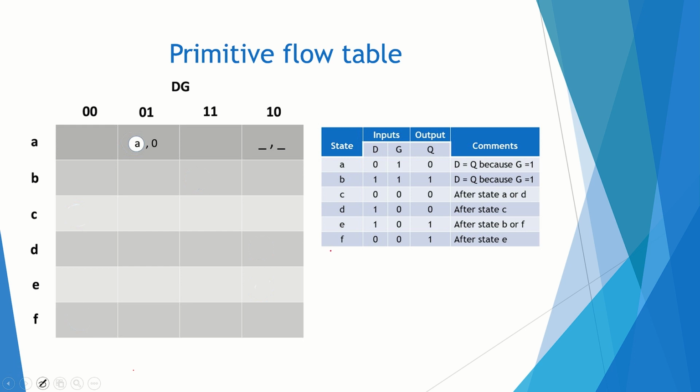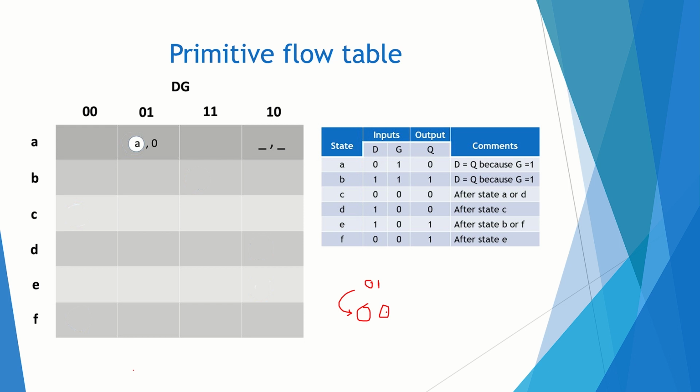So now let us see, at the state A, the inputs are 0 1, and when it goes to 0 0, what happens here? D is 0 1, G goes from 1 to 0.